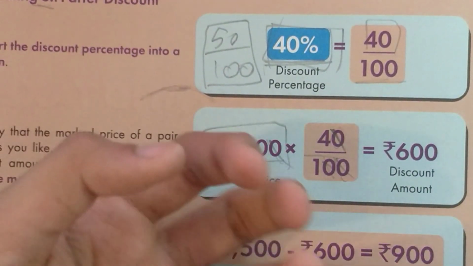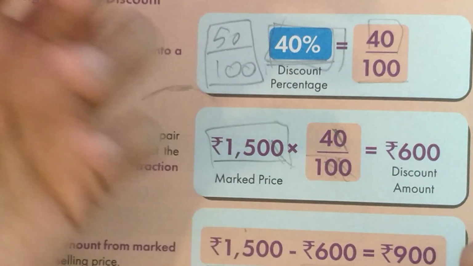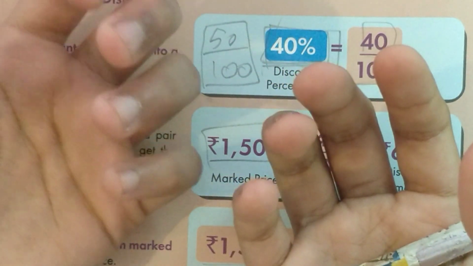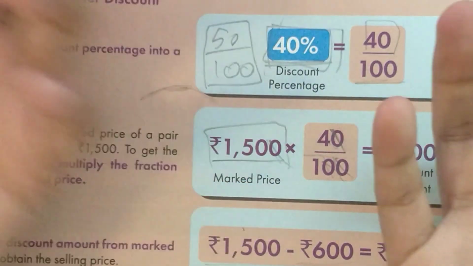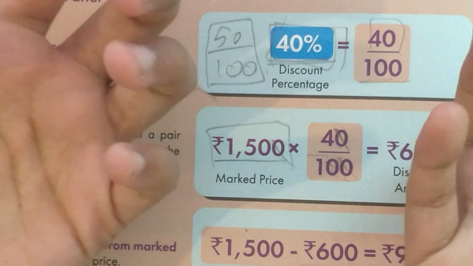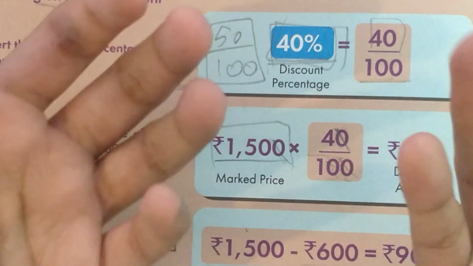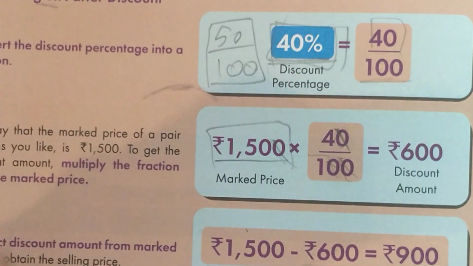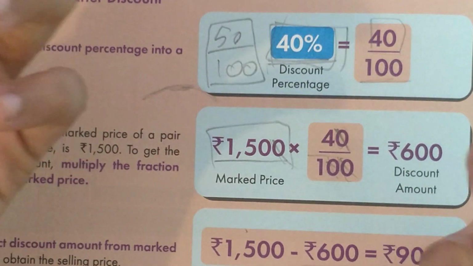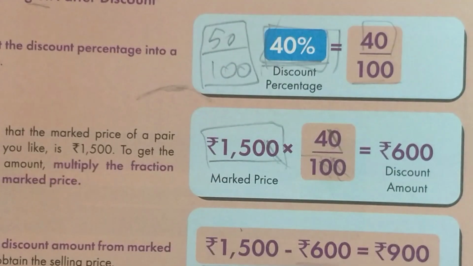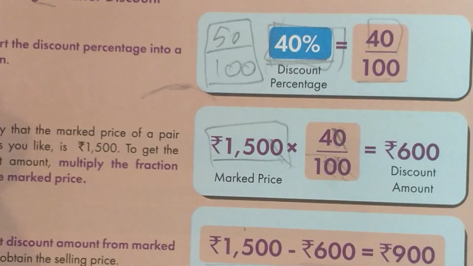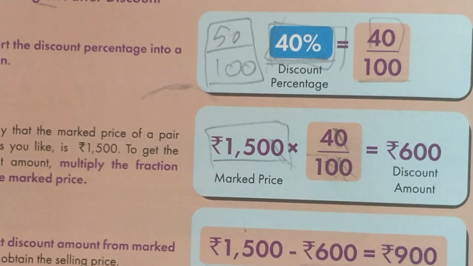The jeans you want cost 1,500 rupees, and the discount is 600 rupees. You can't obviously give the whole 1,500 rupees. So you take the marked price minus the discount amount, and the answer is 900. I hope you guys understood. Let's move on.